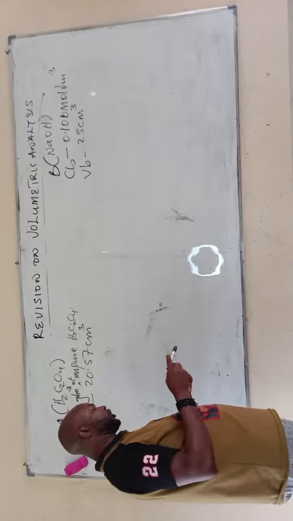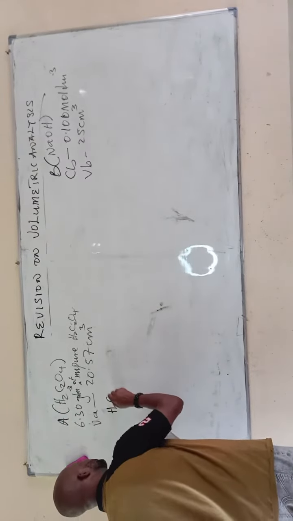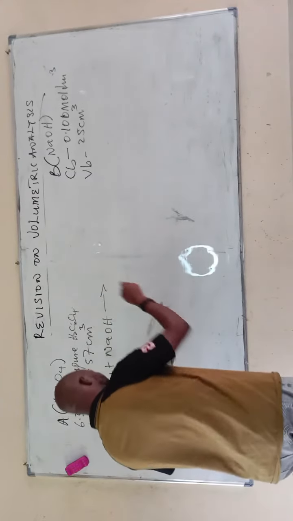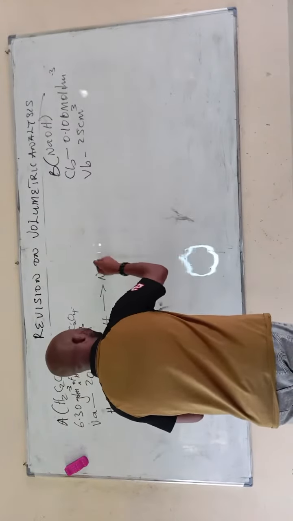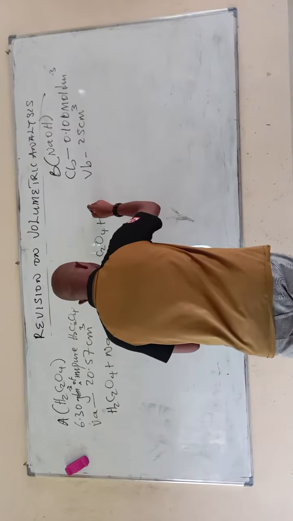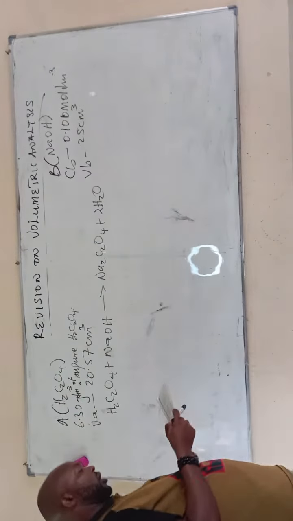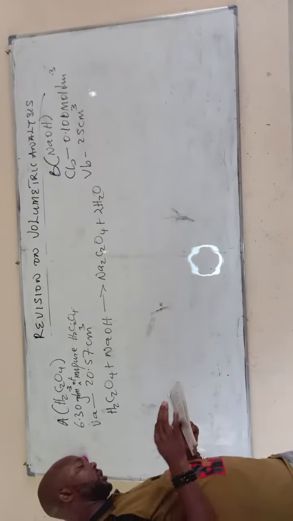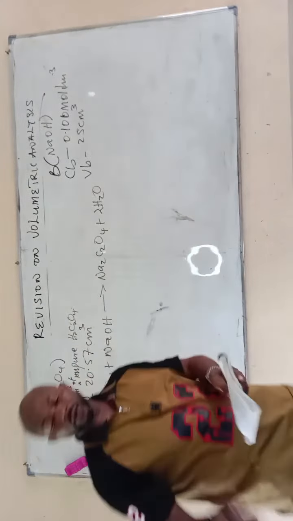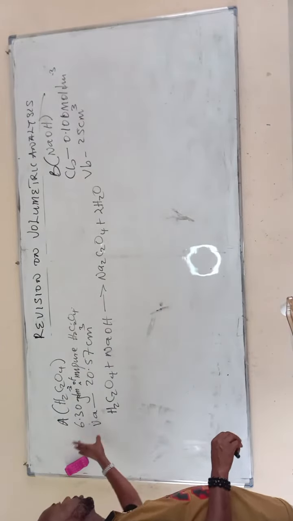From the equation of reaction given, which is H2C2O4 plus sodium hydroxide gives us Na2C2O4 plus water. All right, so this is it. They say we should calculate the concentration of solution A in mole per dm cube.